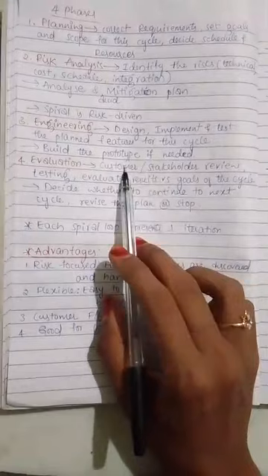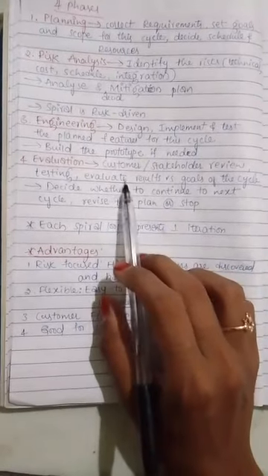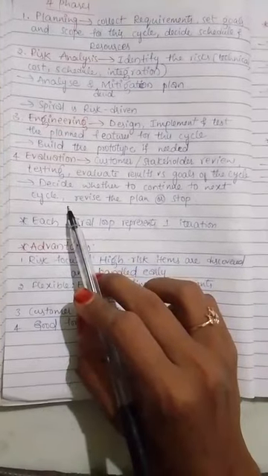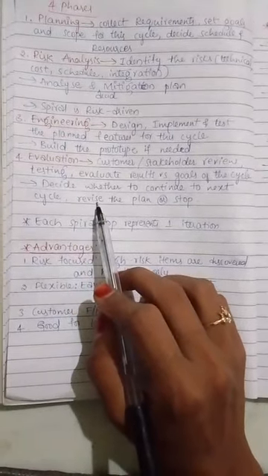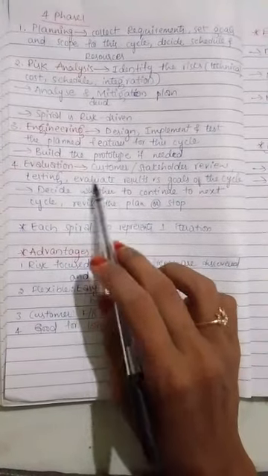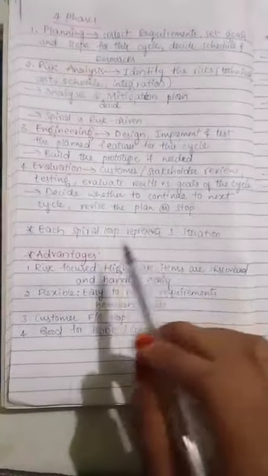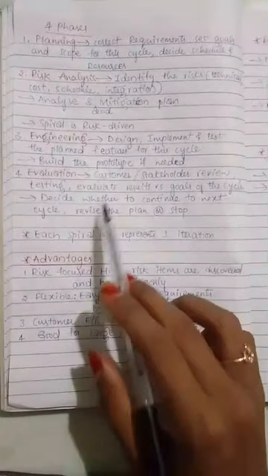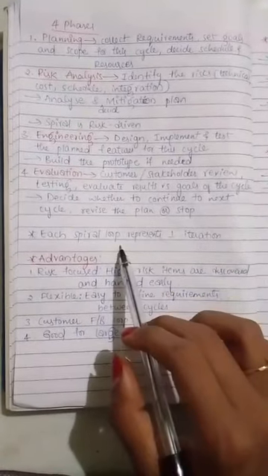Or else if the customer tells you to add some more requirements, you have to continue the cycle. Or if there is any bug or mistake, you have to revise the plan. This is all about the evaluation phase. And each spiral loop represents one iteration. One loop means one iteration.